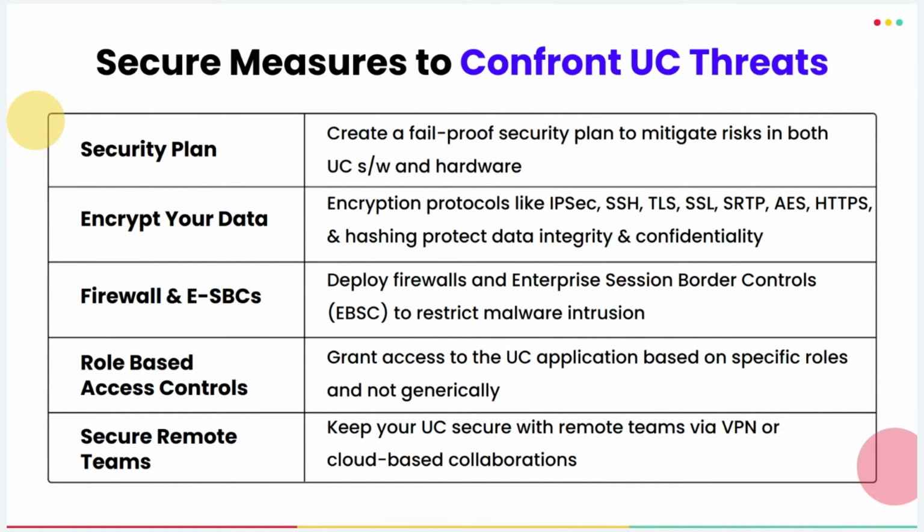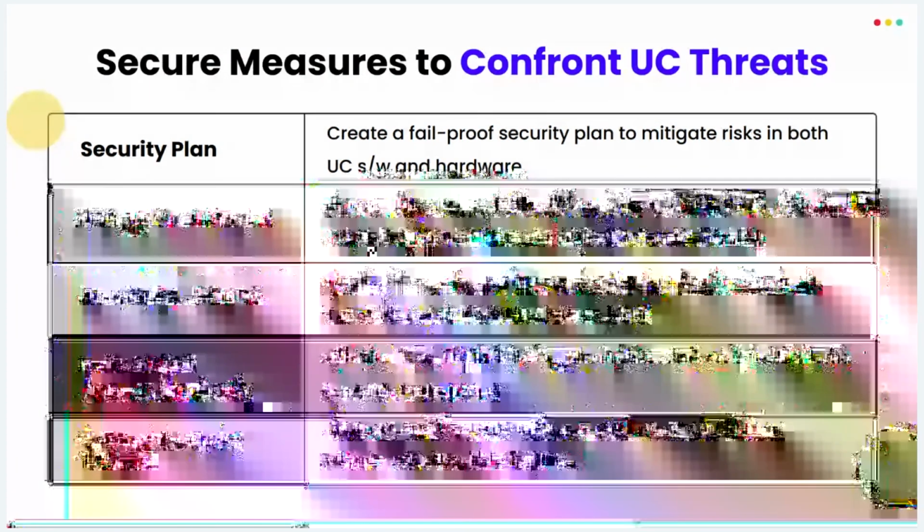To avoid these kinds of problems, we should have a firewall, and you can even have enterprise session border controllers. These measures can be taken to avoid people getting into your system, flooding it with unnecessary messages, or bringing down your system. These problems can be solved by having a proper firewall.